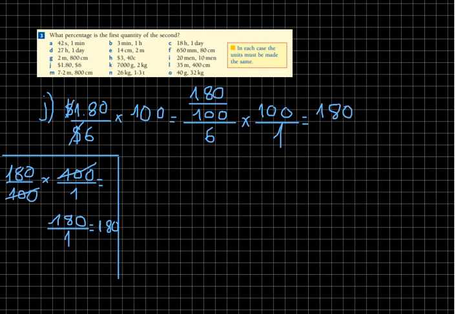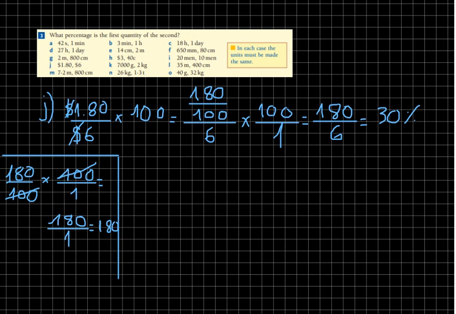And when we multiply both denominators, we only have 6 times 1, which is equal to 6. Alright, don't forget that every fraction is in fact a division, and here we can divide 180 by 6, which is equal to 30. 30%. So $1.80 is 30% of $6. We did it with another method.